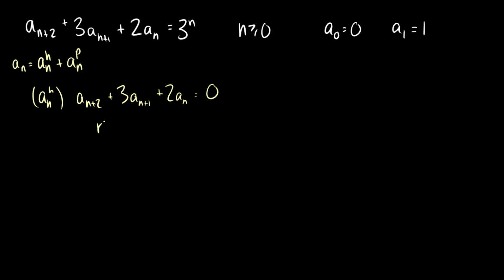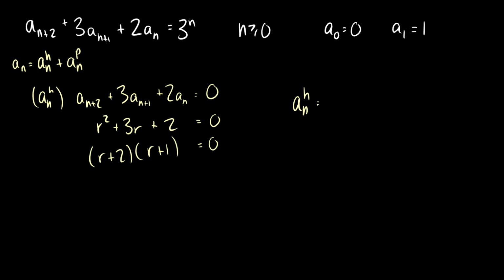So this is going to be r^2 + 3r + 2 = 0, and this is going to be (r + 2)(r + 1) = 0. So our homogeneous solution is going to be of the form alpha times (-2)^n plus beta times (-1)^n, because our roots are -2 and -1.